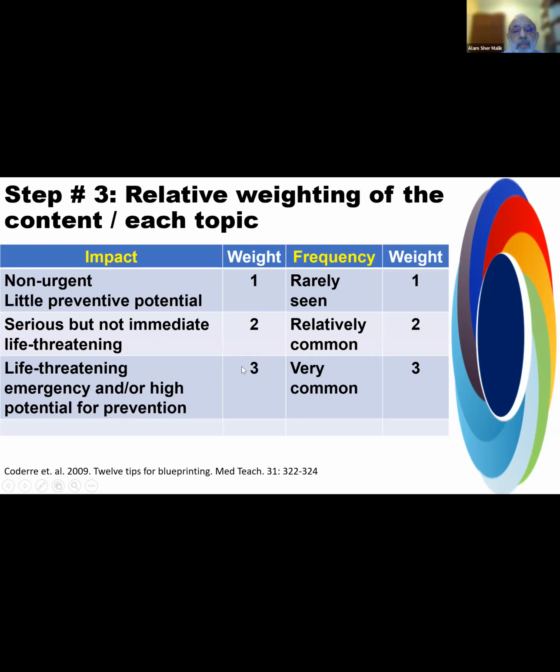Now this we can define in our own way, so we may have a different definition. Then there is the frequency: if something is very common, the weightage is 3, if relatively common 2, and if rarely seen 1. So in this way, for every topic, we would have impact and frequency.